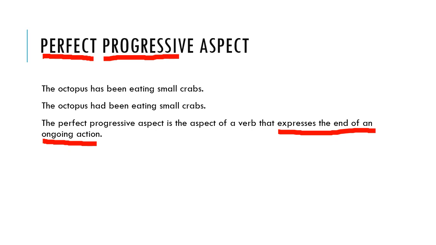I have two sentences. The octopus has been eating small crabs, and the octopus had been eating small crabs. Both have perfect progressive aspect. Has been eating and had been eating. The first one is in present and the second one is in past tense.